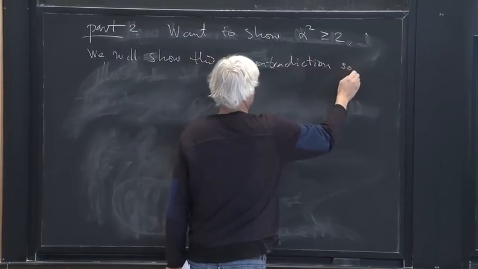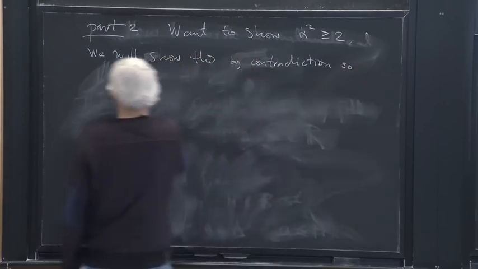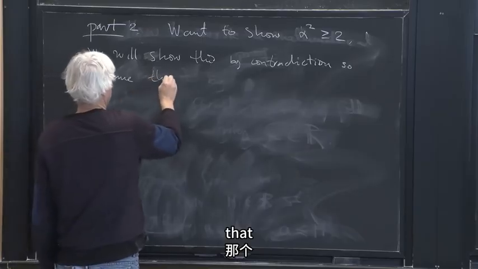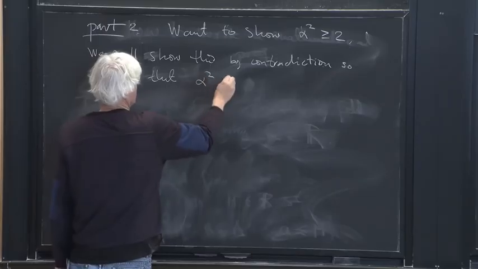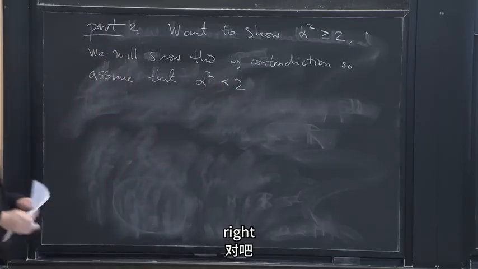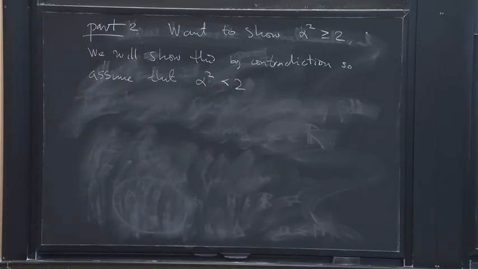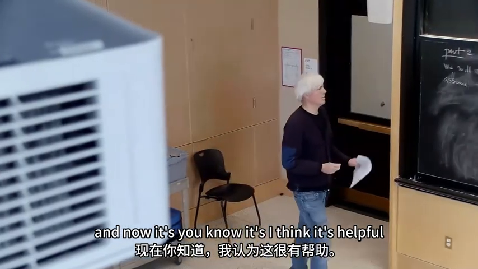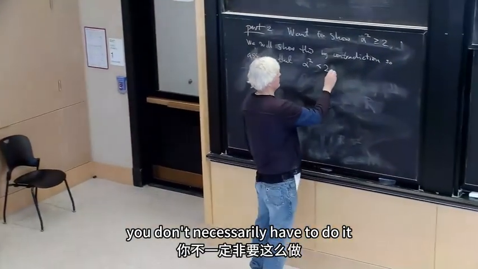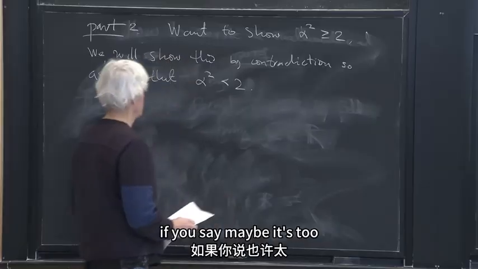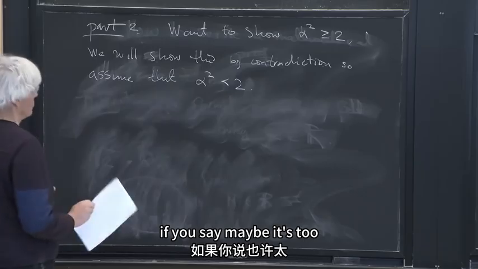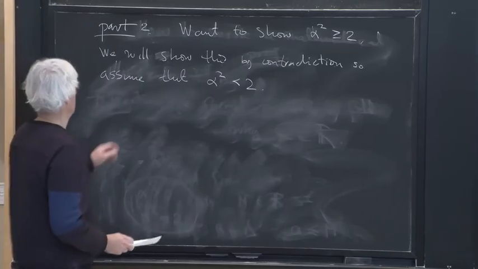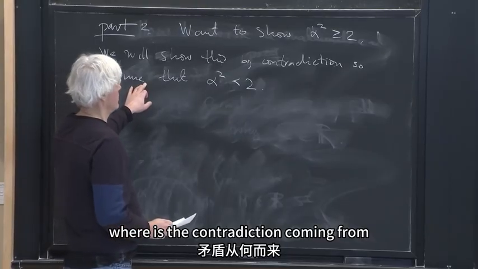So assume that alpha squared is strictly less than 2, right? And now I think it's helpful. You don't necessarily have to do it, but I think it's helpful to think about where the contradiction is coming from.